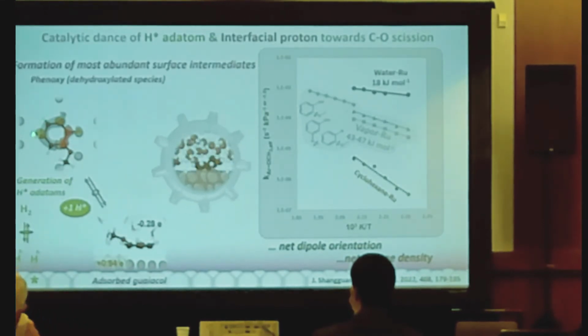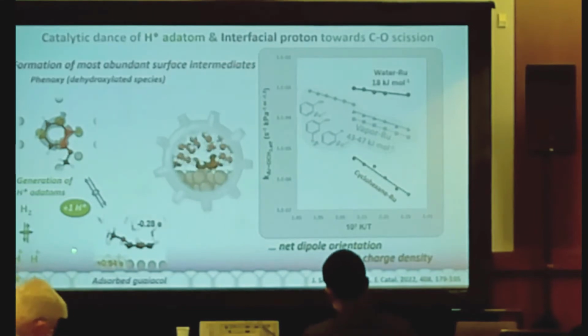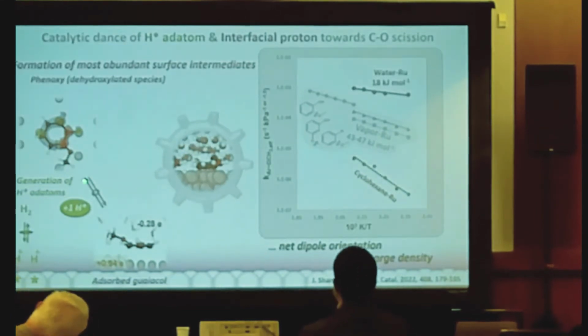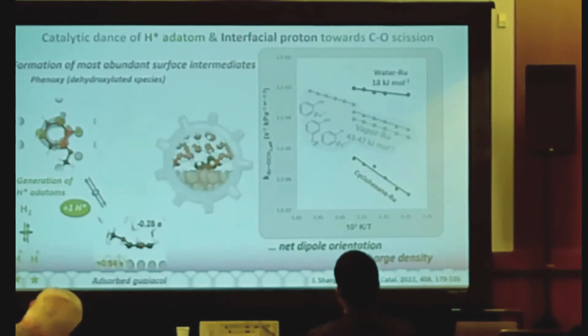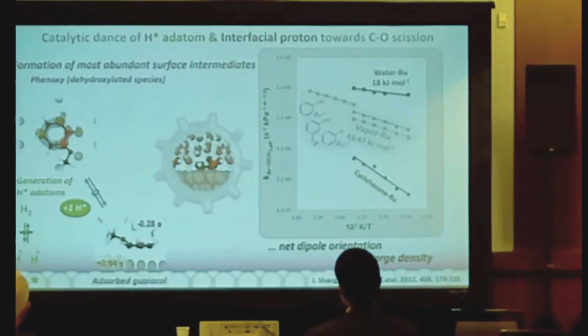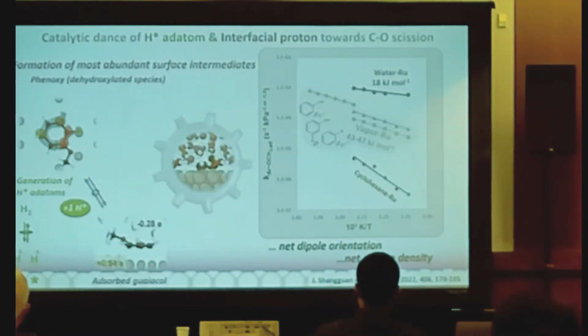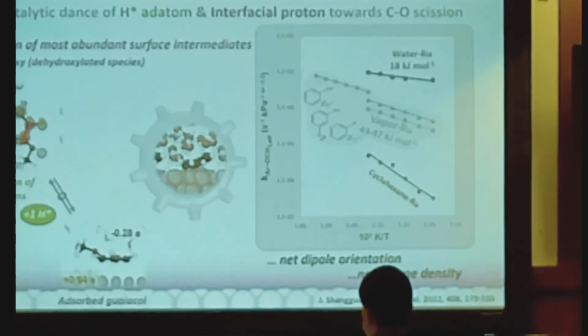Here, there are three ruthenium-carbon bonds that are nicely laid out. Hydrogen is activated, and now there is one hydrogen attack. This is the first hydrogen attack to recover the dehydroxylated species.